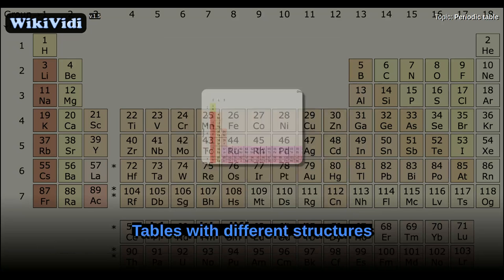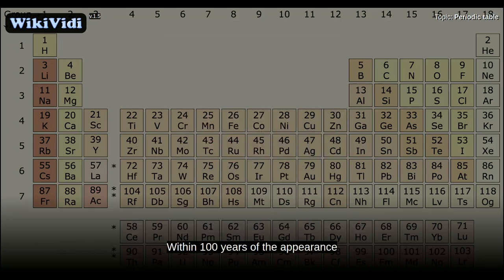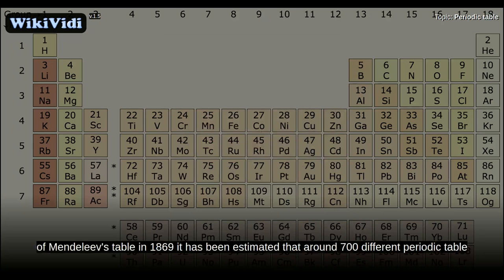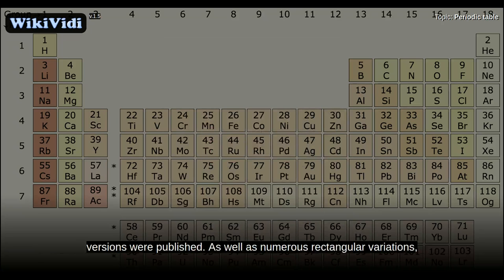Tables with different structures. Within 100 years of the appearance of Mendeleev's table in 1869, it has been estimated that around 700 different periodic table versions were published, as well as numerous rectangular variations.